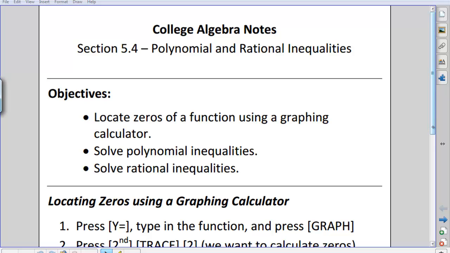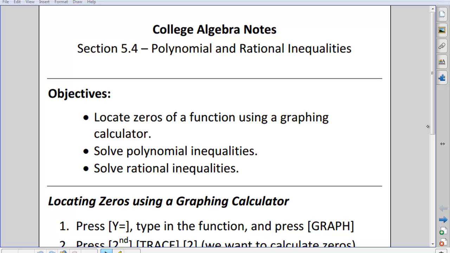Okay, section 5.4 is titled Polynomial and Rational Inequalities, and we're going to depart from the way that the book and maybe some of the videos you may have watched on the MyMathLab tutorials have done these problems.